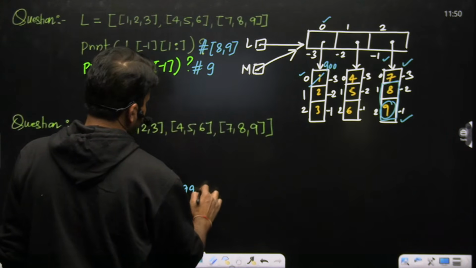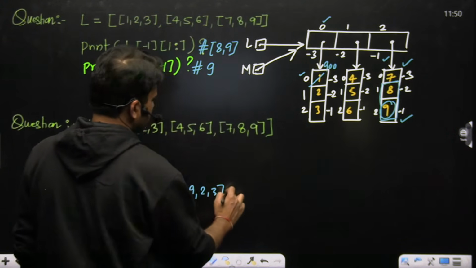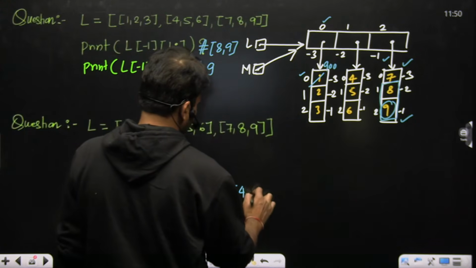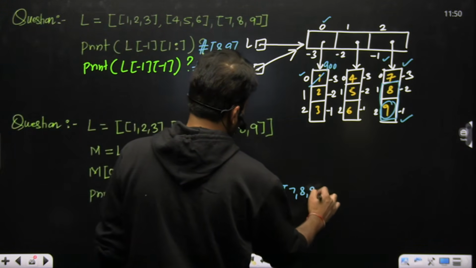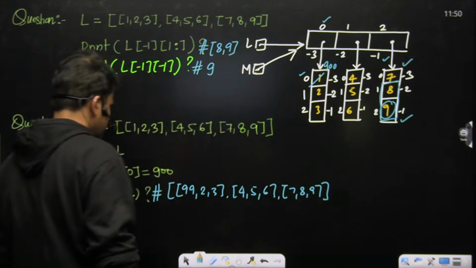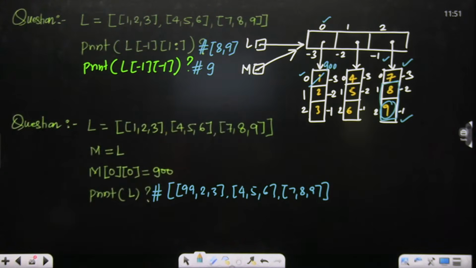It's 99, 2, 3, 4, 5, 6, 7, 8, 9. Okay. So this is the answer. So this is the concept behind nested list.